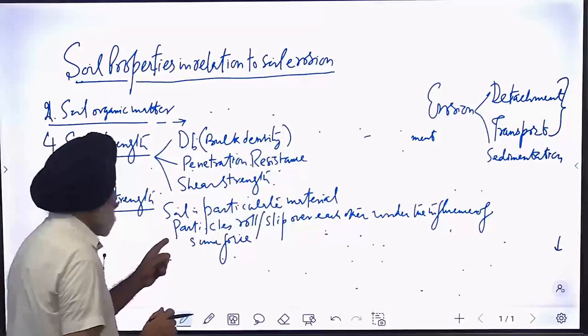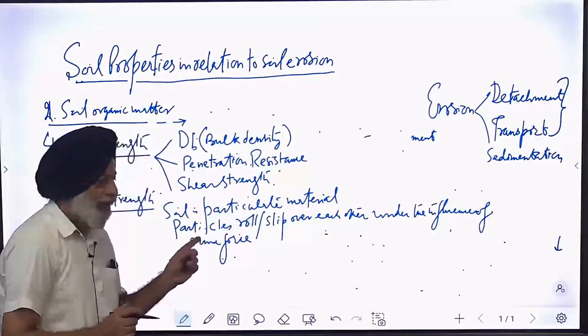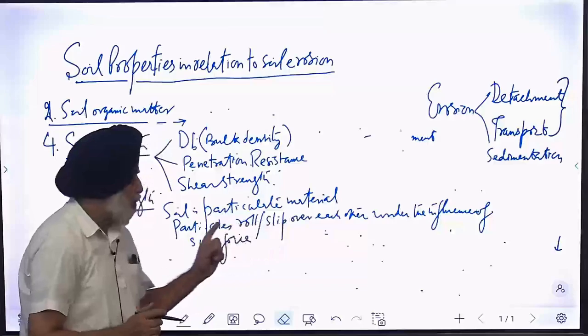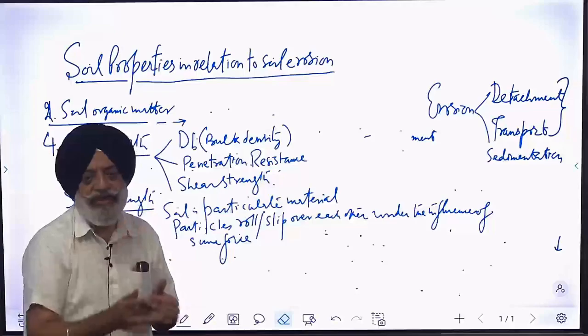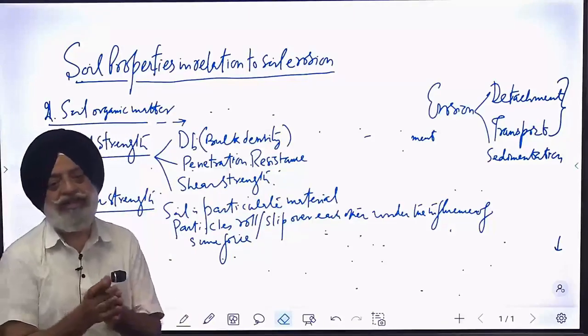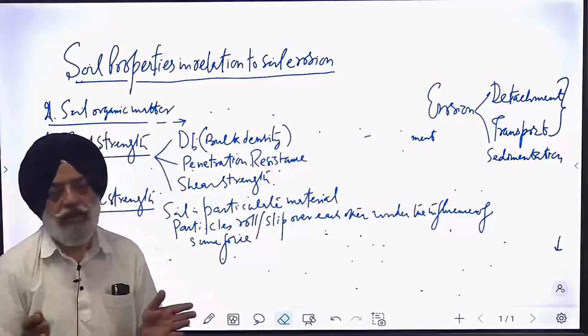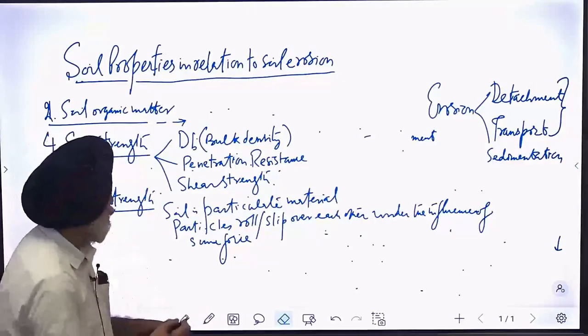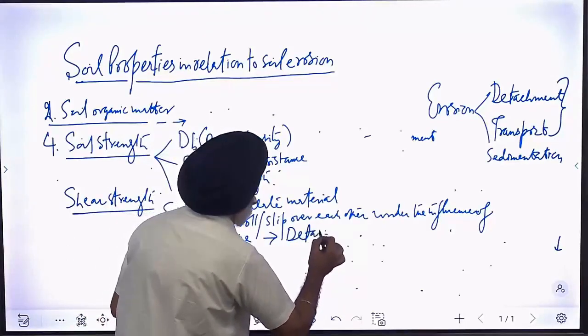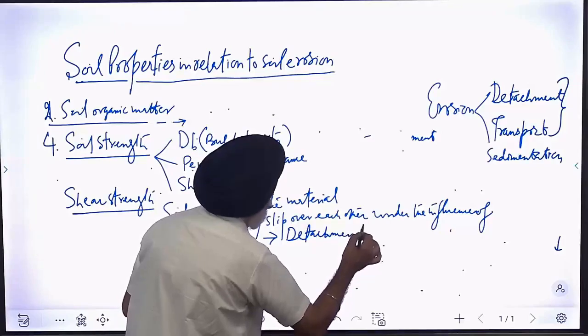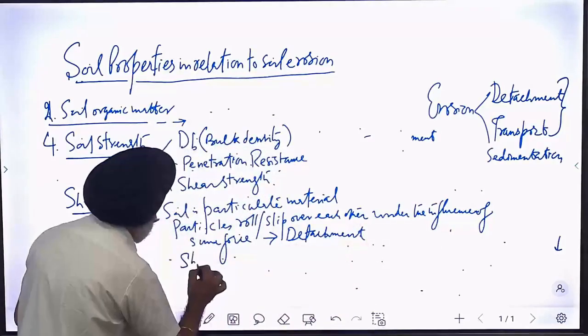Why is it so? Because it is a particulate material. When you apply some force, these particles roll or slip over each other, and then they get fractured or detach. This detachment is called shear strength.